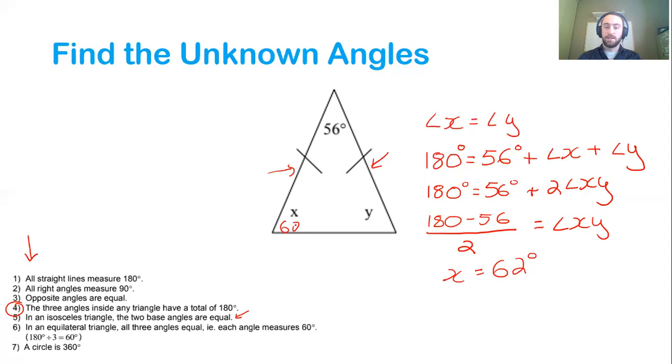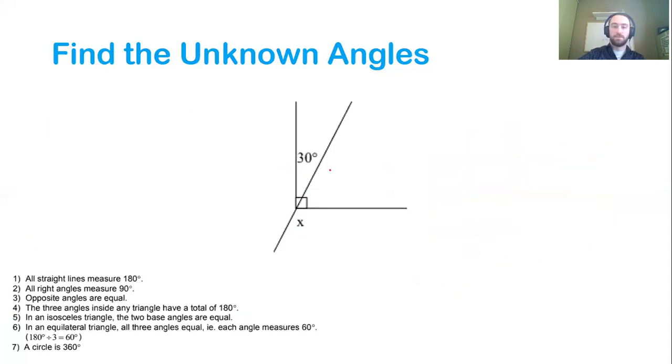So angle X is 62 degrees, and angle Y is also 62 degrees. Now we could double check by simply summing up all our angles inside our triangle. 56 plus 62 plus 62 does in fact equal 180 degrees. That's how we know we did it right.